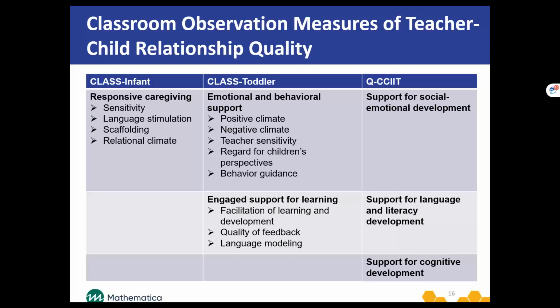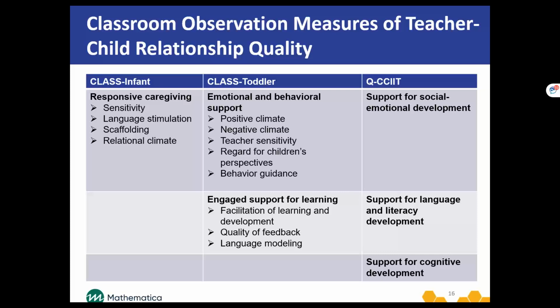So more about the classroom observation measures. The CLASS Infant and CLASS Toddler measure the quality of teacher-child interactions in infant and toddler classrooms, respectively. The infant version includes only one domain, responsive caregiving, with dimensions including sensitivity, language stimulation, scaffolding, and the relational climate.